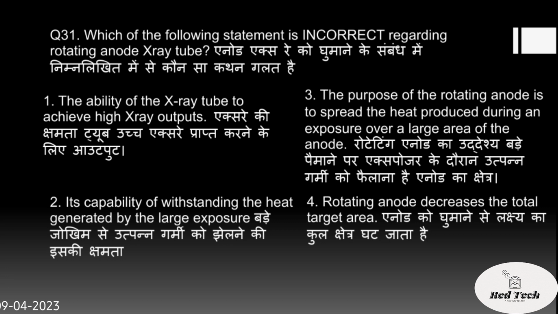As we go to the second option, its capability of withstanding heat generated by a large exposure: while using the rotating anode, its heat capacity also increases, which allows for a large exposure. So that option is also correct.